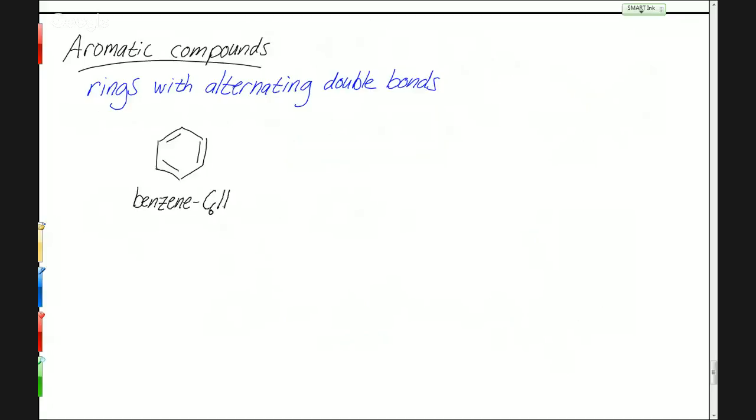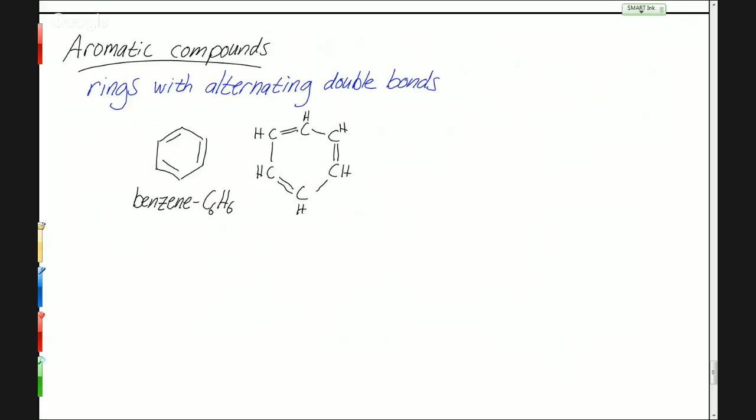And in a condensed structure, it would look like this. And those double bonds can be written either of two ways.